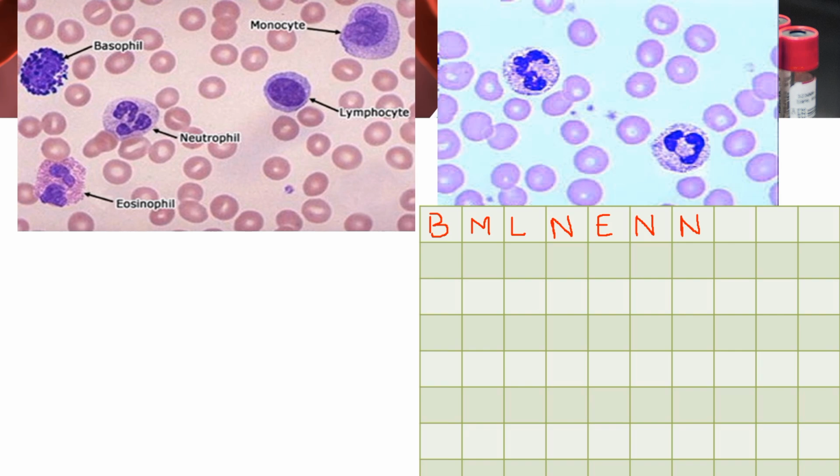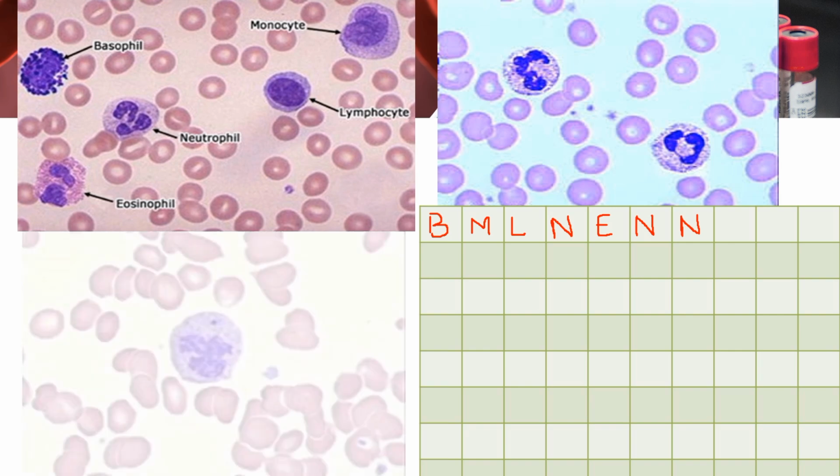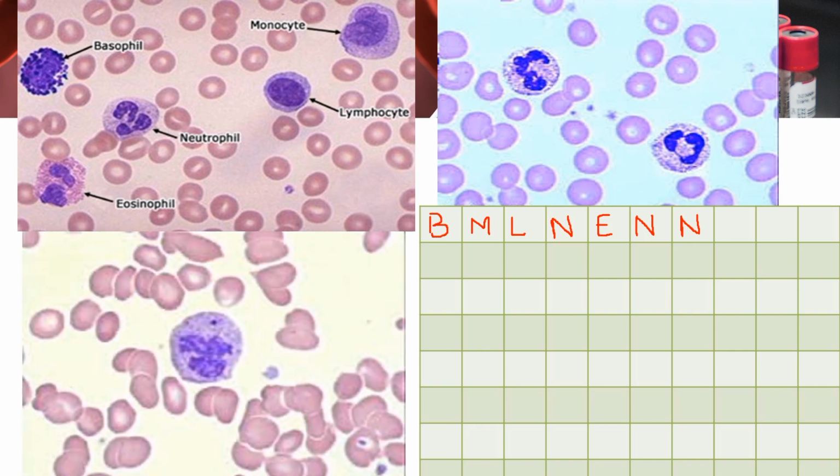Now again you are going to change your field. Suppose this is your third field where you can see only one neutrophil. So you will write N for this neutrophil in another square. You keep on changing fields until all these 100 squares are filled.